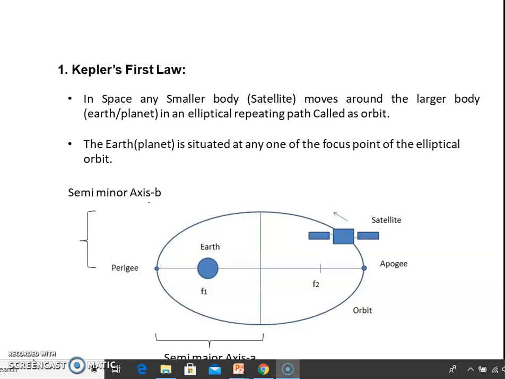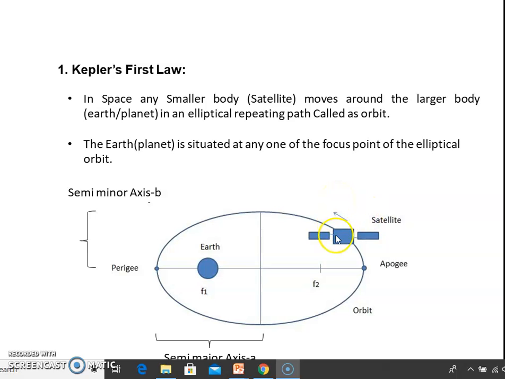Now, what is the situation of the Earth, or what is the situation of the satellite in its orbit? So here in the diagram I show an orbit which is elliptical in shape.